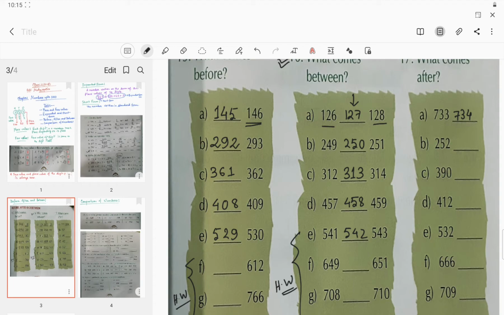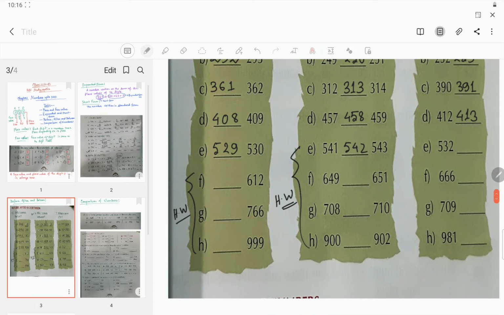Now if the question is what is the successor of 252, it is 253. Just add 1. C, the next number, 391, and D, 413. Similarly, E, F, G, H, this is also your home task.